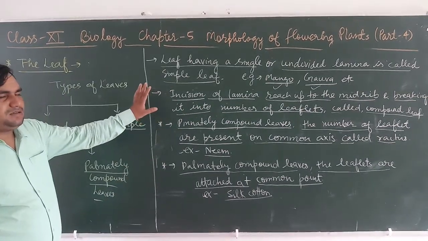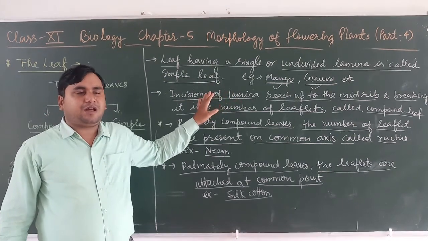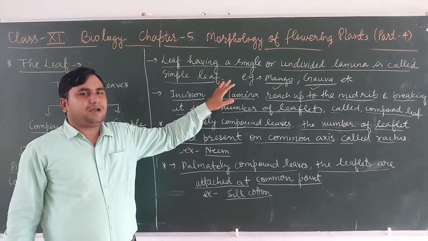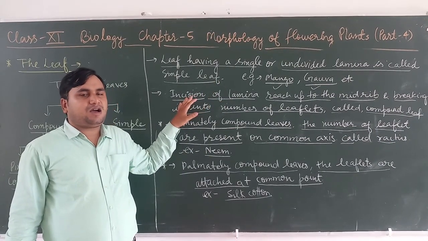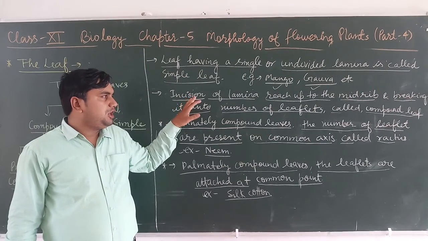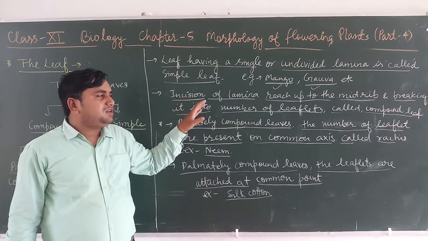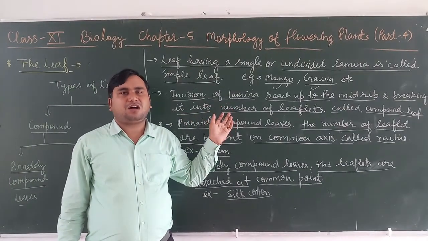So this is simple leaves having single or undivided lamina is called simple leaf. For example, mango and guava, in which incision of lamina does not reach up to the midrib, but in compound leaf the incision of lamina reaches up to the midrib and breaks into a number of leaflets.